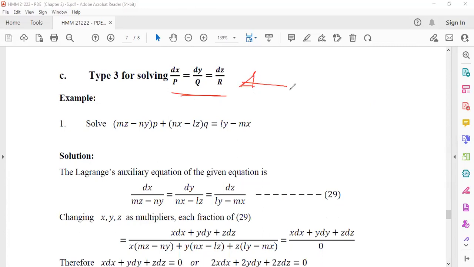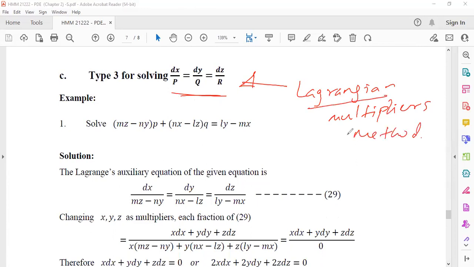So this kind of equation we call the Lagrangian multipliers method also. Okay, it's also called the Lagrangian multipliers method. Just write down this description also.